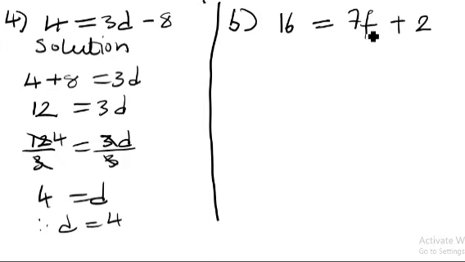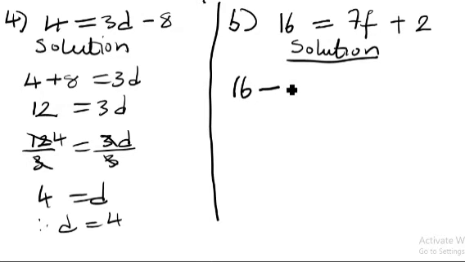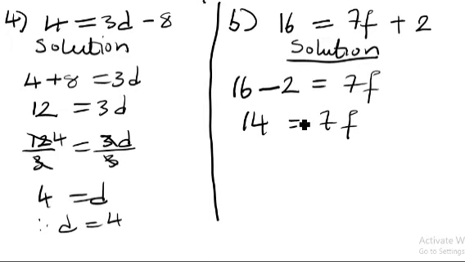The same thing, let's transfer this to the other side and leave the 7f here. Solution. This will come here. I have 16 minus 2 equal to 7f. This minus this will give you 14 equals 7f.